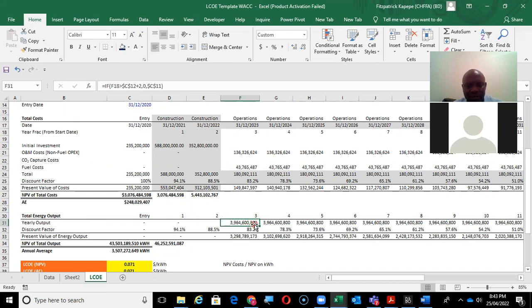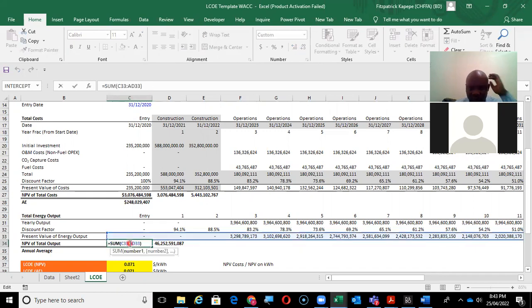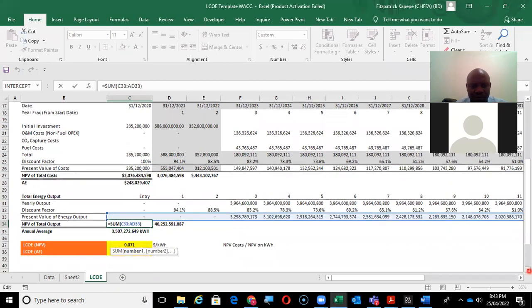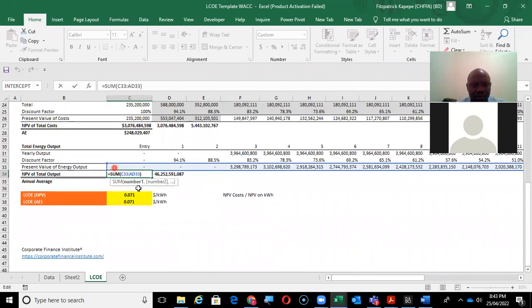Starting from there. Just check on the NPV. So you have your NPV from there, which is basically the sum of these numbers.